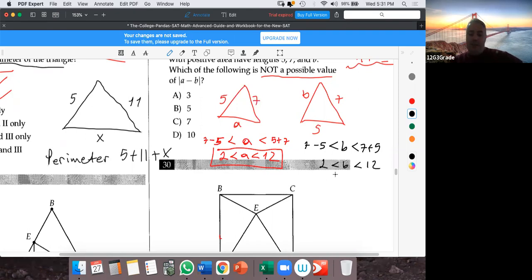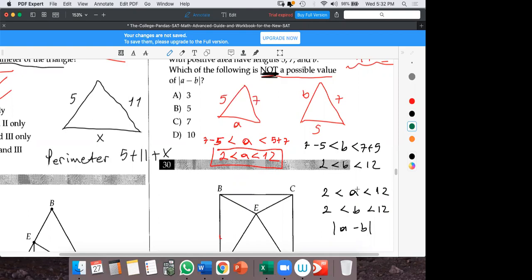Now, my dears, the problem is this: 2 is less than A less than 12, and 2 is less than B less than 12. The question is, A minus B, which one cannot be? Three of them are possible, one of them is not. Let's think about the meaning.